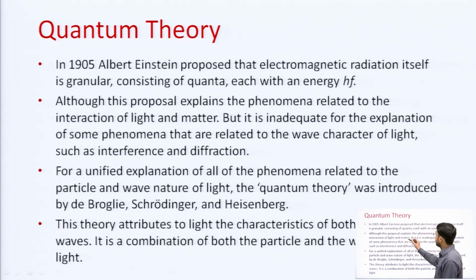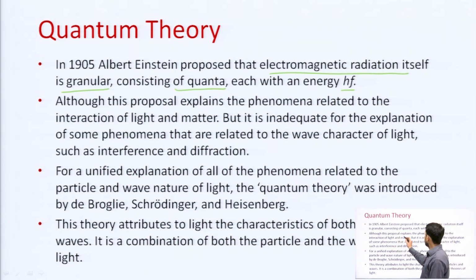After 5 years, Einstein proposed that electromagnetic radiation is itself granular, consisting of quanta, each with energy h nu. Okay. So, they gave the name quanta, and they considered that electromagnetic waves are granular. The wave is granular, there are grains, small packets, small particles.